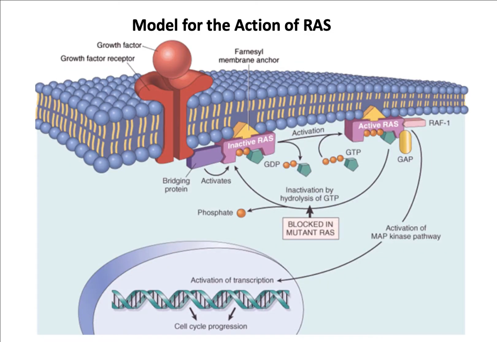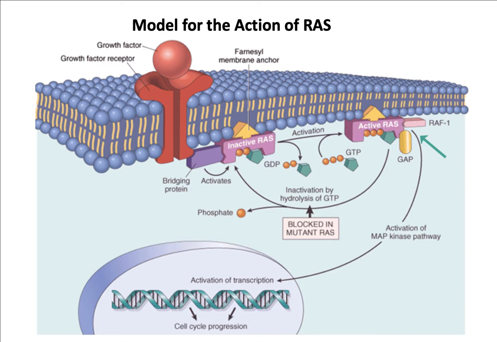This shows the pathway and activity for one protein, the RAS protein. So when a growth factor is attached to a growth factor receptor, then that signal changes that protein, and it activates a bridging protein, which activates RAS, and then RAS, which normally holds a GDP in a certain location, exchanges that for a GTP, and that activates RAS.